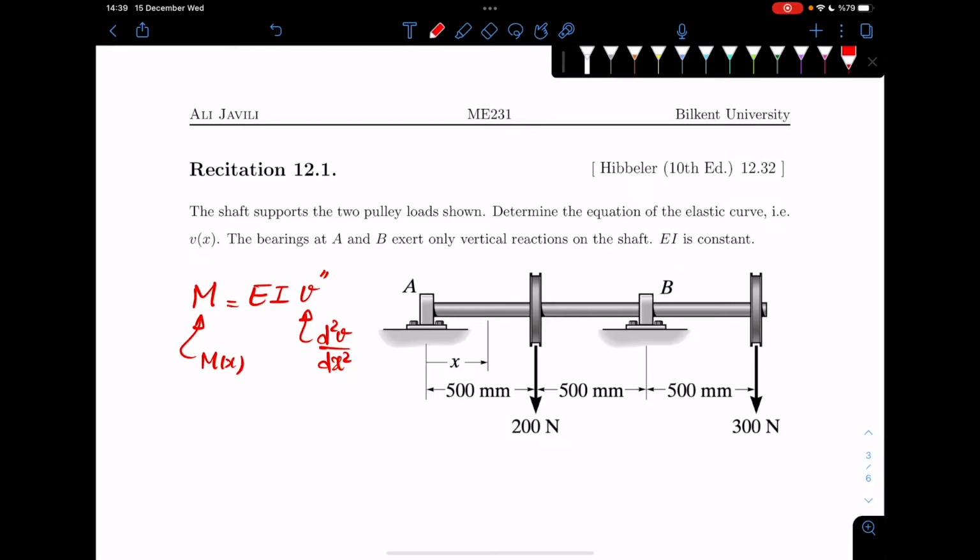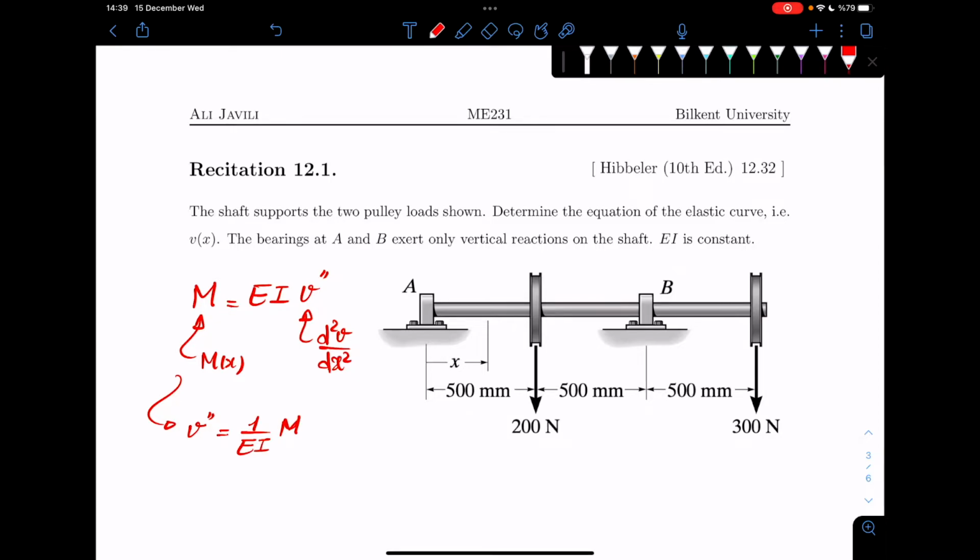And obviously, if you can express M as a function of x, then you can immediately compute your V. So your differential equation is basically V double prime equals 1 over EI times M.